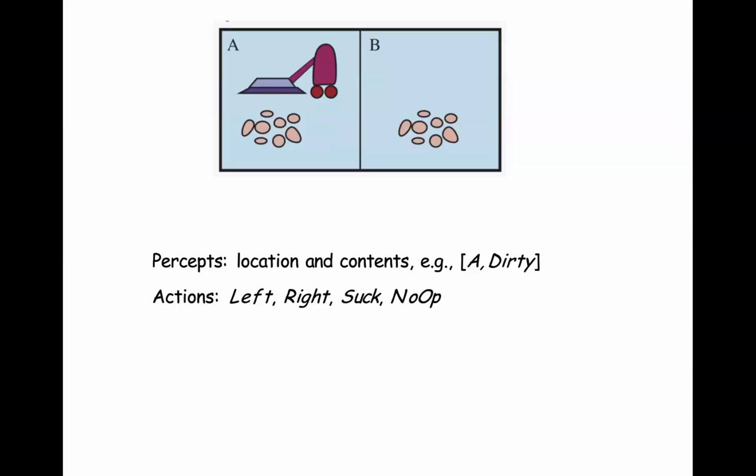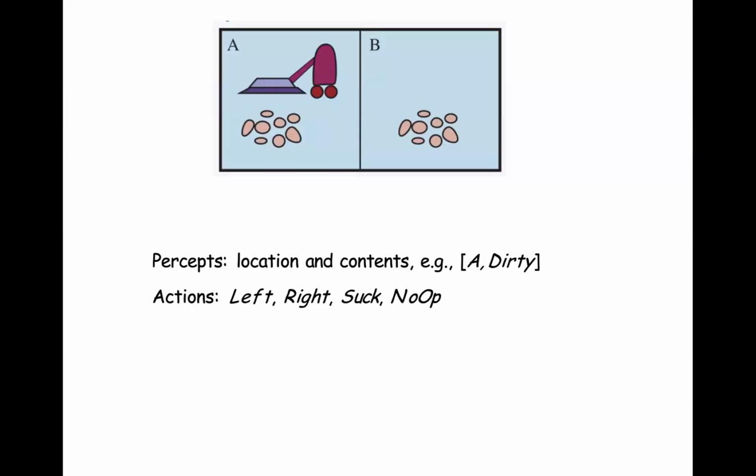So we have dirty and not dirty. So for each position, we enumerate and we multiply, right? Thank you for answering. So we have location A, B, so that's two choices. We have dirty and we have not dirty, right? So that's 2 times 2, 4. Simple, right?